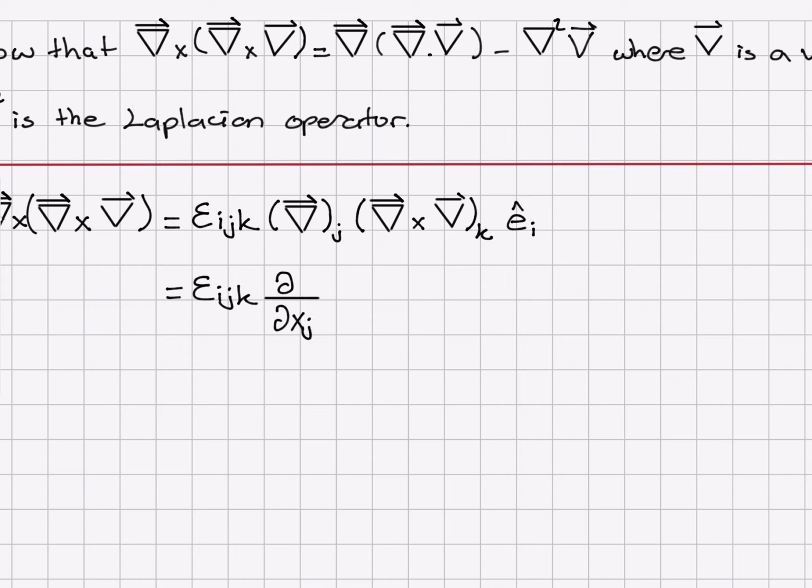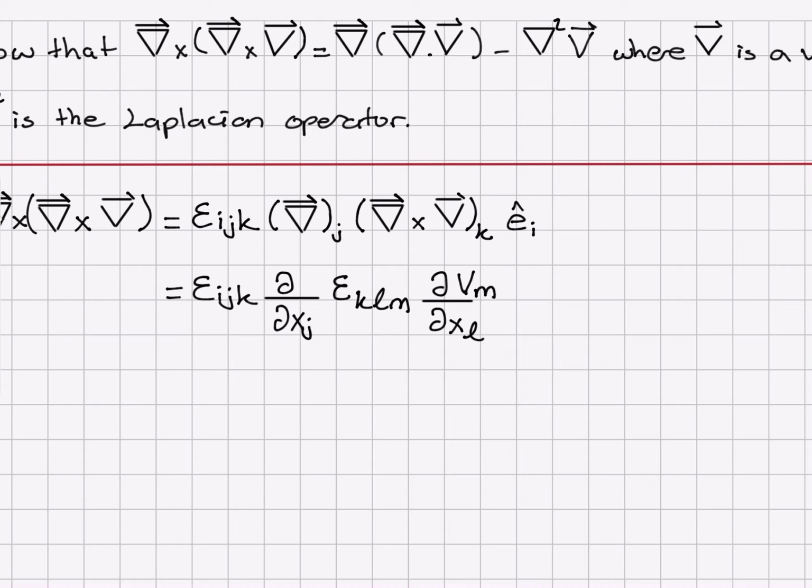And then how do I write the curl of V? We're looking at its kth component, so it is epsilon klm. Now we're taking the lth component of the gradient operator, which is del xl, and then the mth component of the V vector field, V sub m.